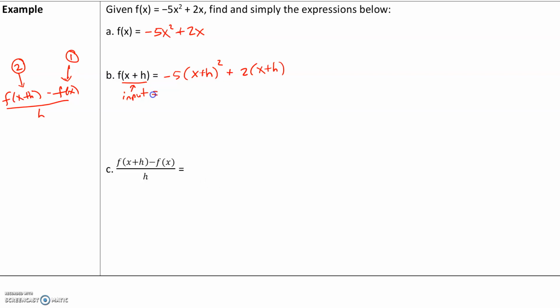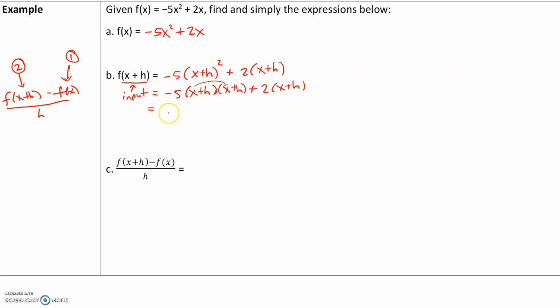So a quick reminder that anytime you square an expression, you have to write that out twice. So we have negative 5 times x plus h times x plus h plus 2 times x plus h. Now we will distribute.